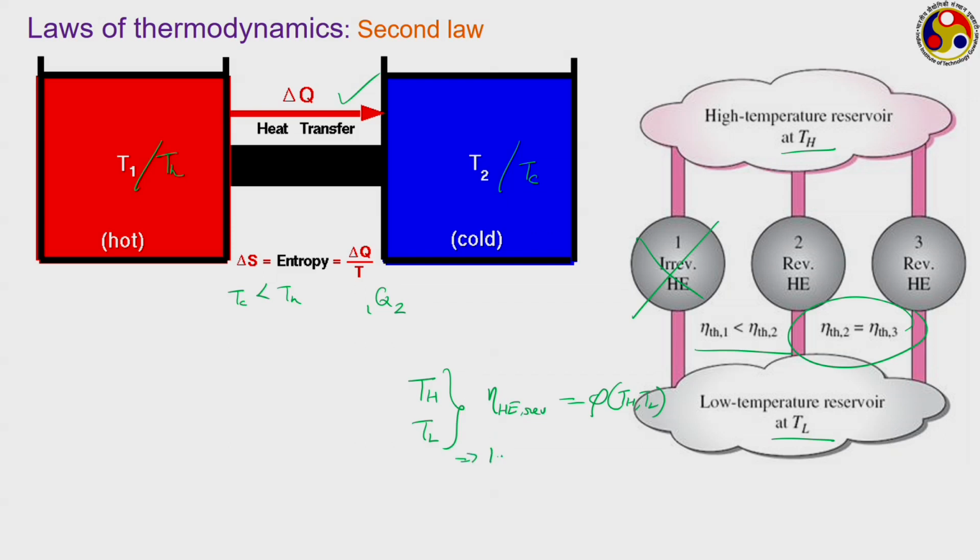So, this efficiency is definitely a function of Th and Tl, or as per the notation of our efficiency, we know it can be written as 1 minus QL upon QH, where QL is the amount of heat rejected to the reservoir at temperature TL and QH is the amount of heat added.